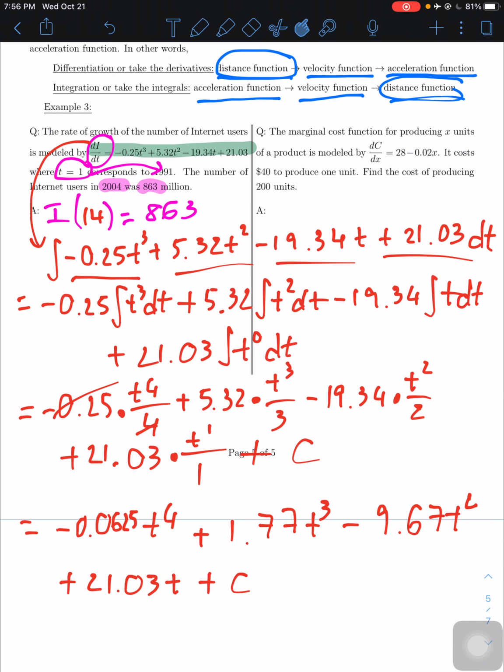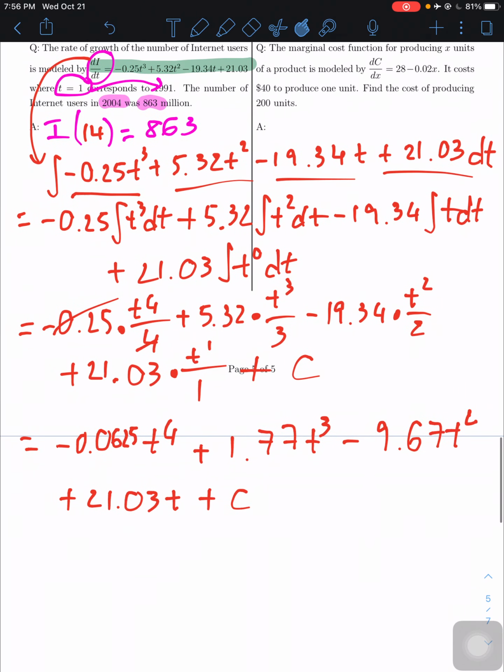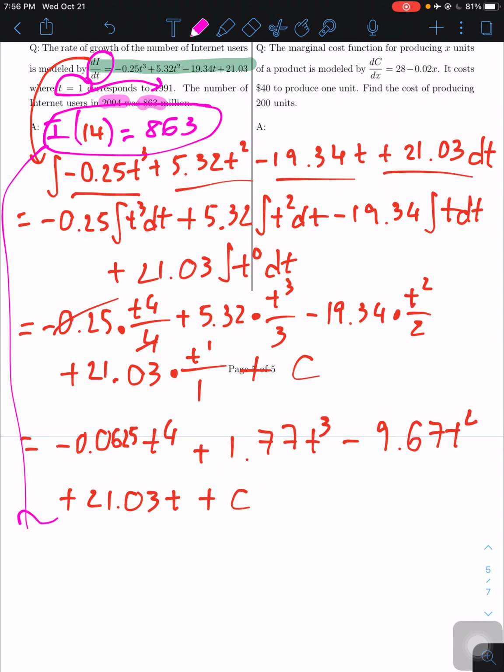Okay, now how do we do all that? Well, we're going to assume that all of this equals 63, just like what we had earlier in pink. So let me go ahead and use this piece of information down here. So we start by writing a63 equals negative 0.0625, and then we talk about 14 as the year, right?